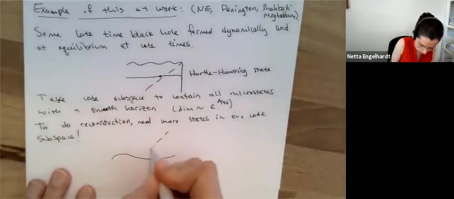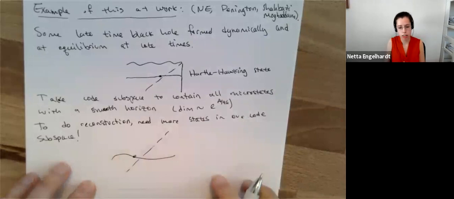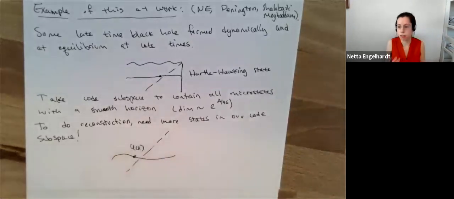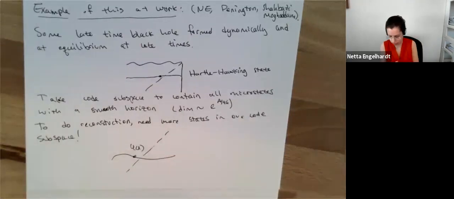This is our event horizon. We want to do reconstruction on something over here. Then we say, all right, we want to turn on some operator here. We need to be able to have, in addition to the e to the A over 4G states that we have, also some excited states over here. So we add more to this.